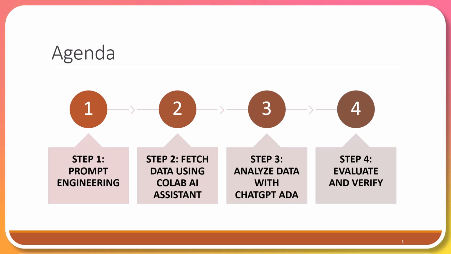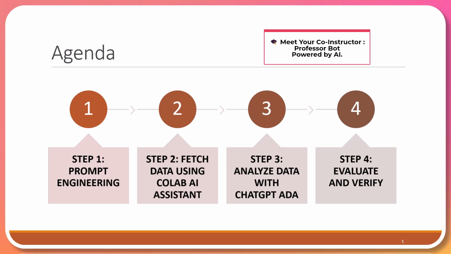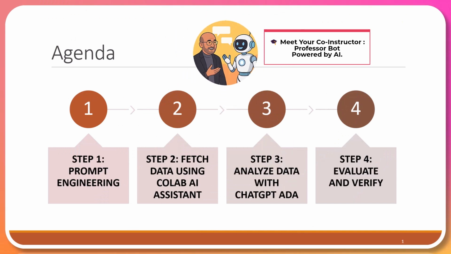And the final step is evaluation and verification. As you know, AI isn't perfect, so deeper research is necessary. And joining me for this video is my assistant, Professor Bot.